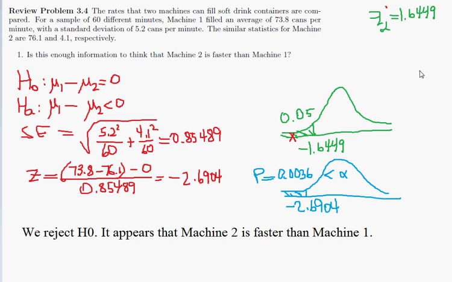Remember that Z alpha is always a positive number as long as alpha is less than a half, as usual. The other thing that we'll need is the value of the standard error, which is equal to 0.85489.